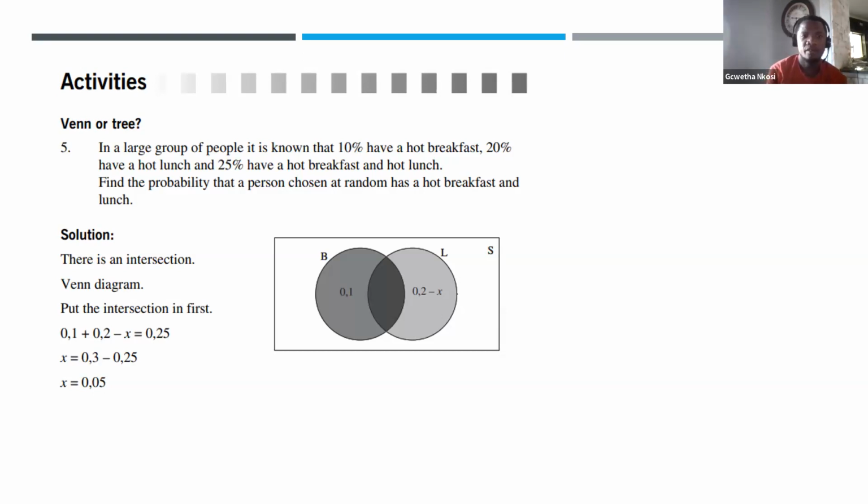Find the probability that a person chosen at random has a hot breakfast and a hot lunch.